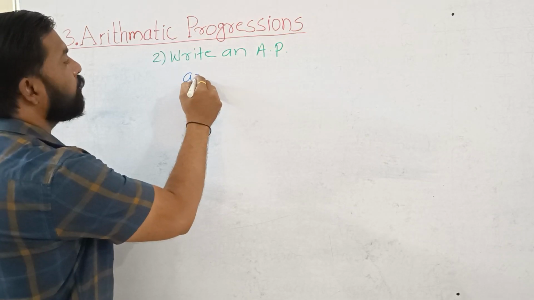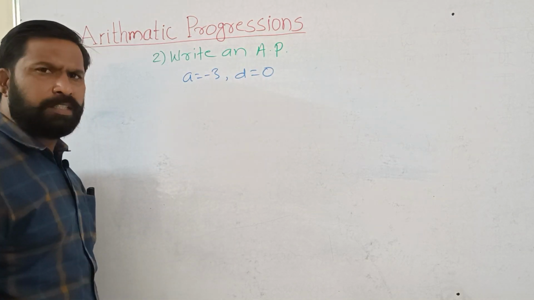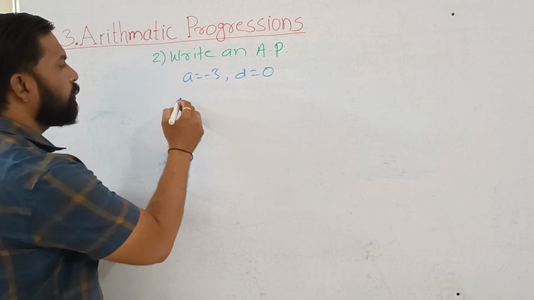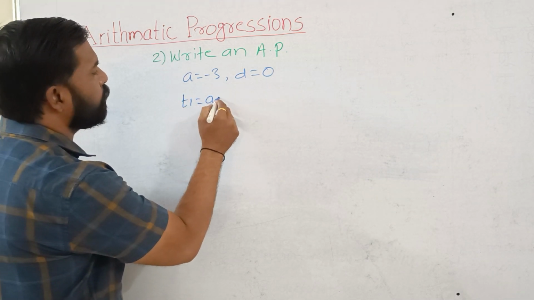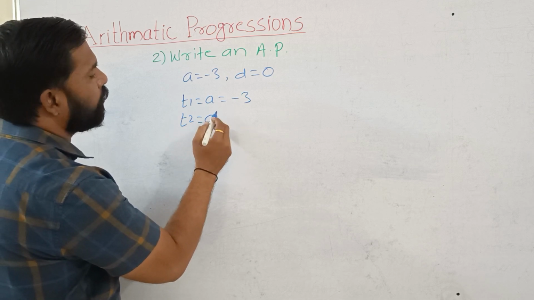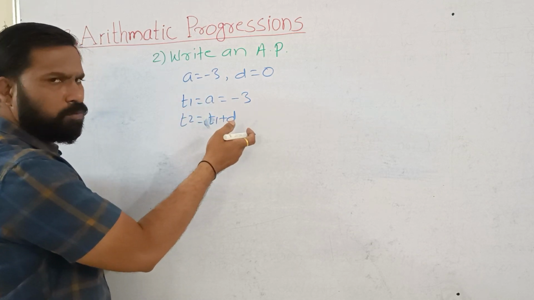Okay. A is equal to minus 3, D is equal to 0. Difference is 0 means minus 3, minus 3, minus 3, minus 3. Simply we can write T1 is equal to A is equal to minus 3. T2 is equal to T1 plus D. I was about to write A plus D, which was also right.